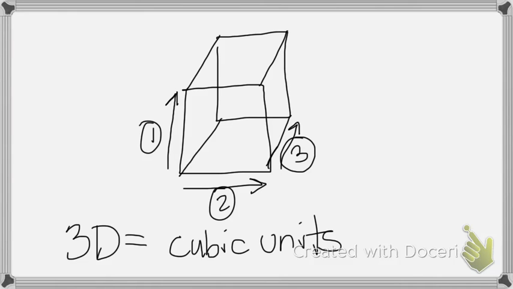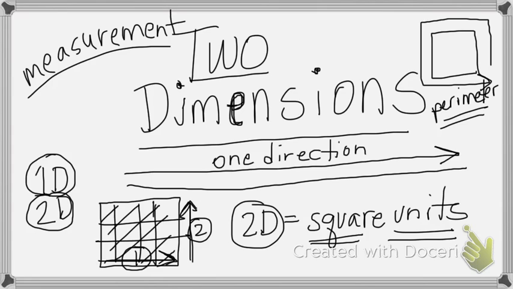And that's all based on this idea of a cube, because what we're trying to find out is how many cubes of a certain size, a 1 unit by 1 unit cube, fit inside of this larger cube. Just like here, we're trying to find out how many 1 unit by 1 unit squares fit inside of this larger shape, whether that be a square or a rectangle, or others.